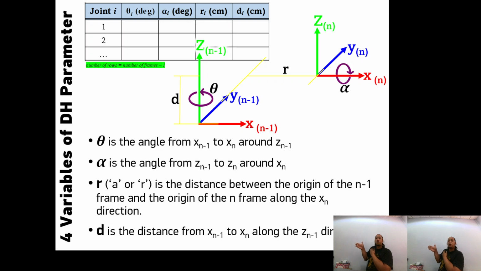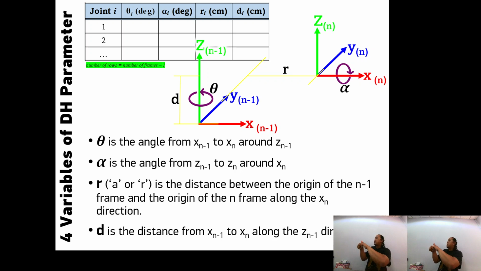So where is the y direction? This is the z direction, this is the x direction, so the y direction is going to be that way. And to define the direction of the motor, we can do it directly like this.